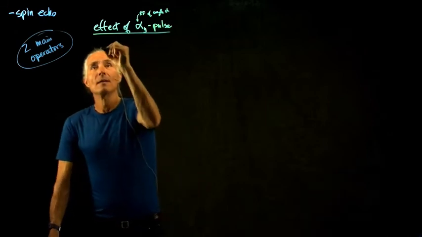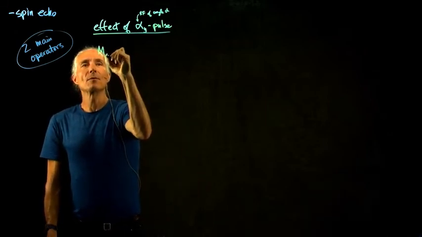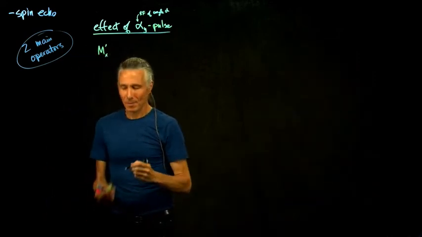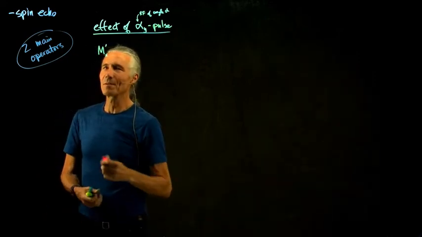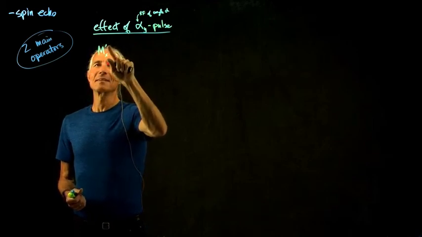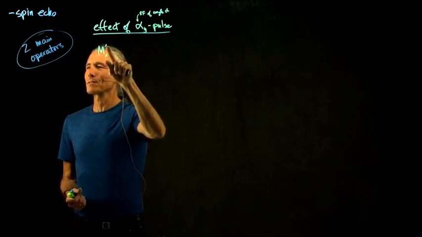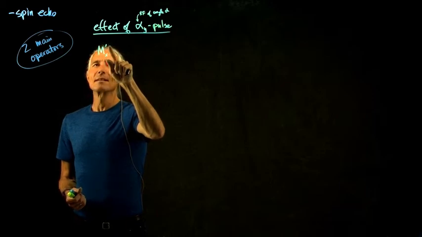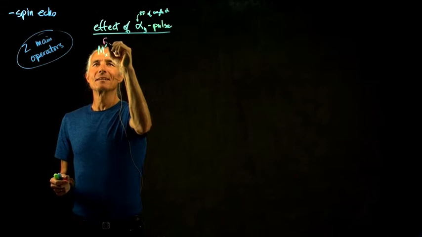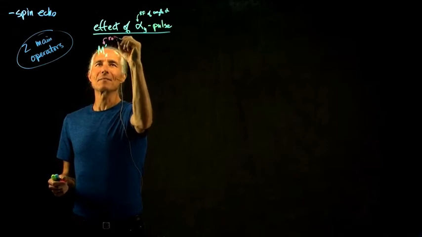Here are the components of the magnetization, and there's a prime there. Mathematicians use these things. Does it mean transpose the matrix, or maybe take a derivative? No, in this case it means rotating coordinate system.